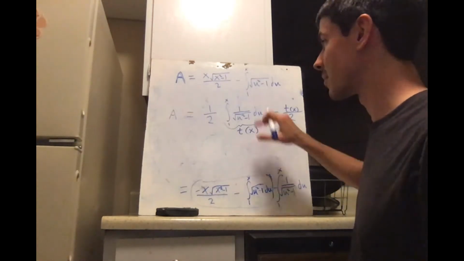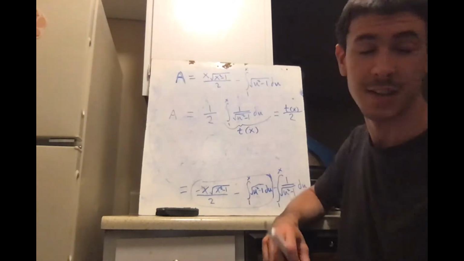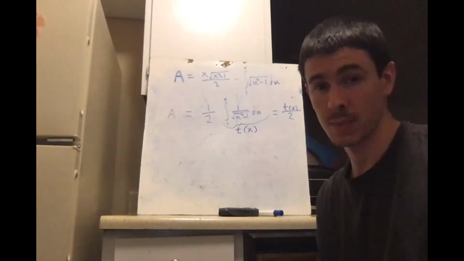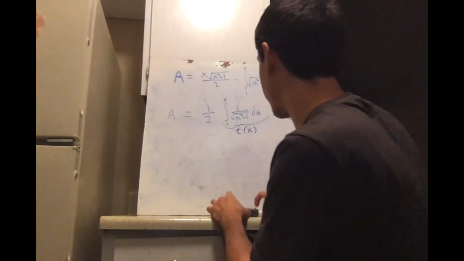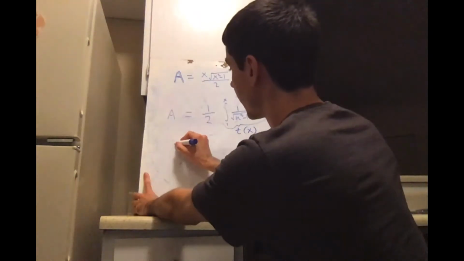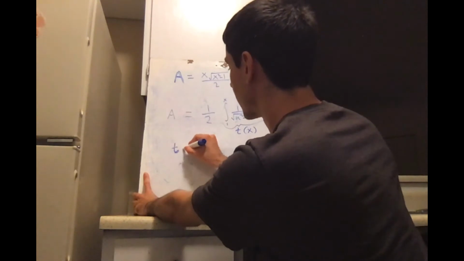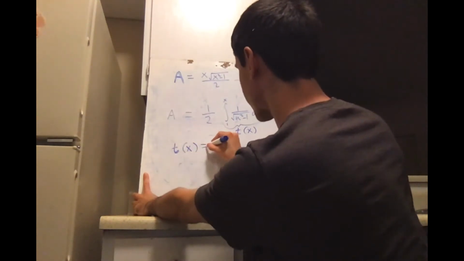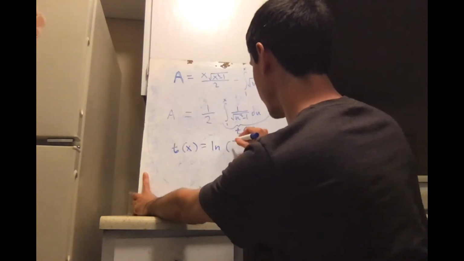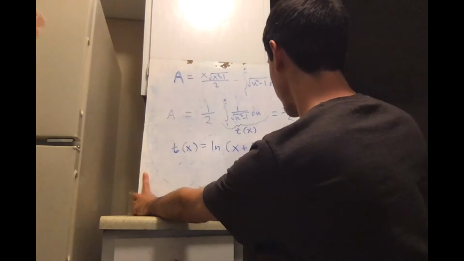For whatever reason, I'm going to call this quantity t, for reasons that will become apparent. And you could play this lecture in reverse. So now I'm going to make the strange assertion that t of x equals the natural log of x plus the square root of x squared minus 1.